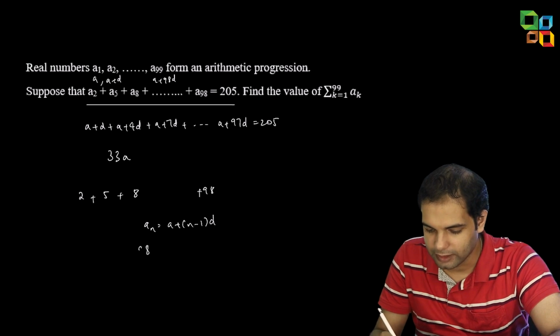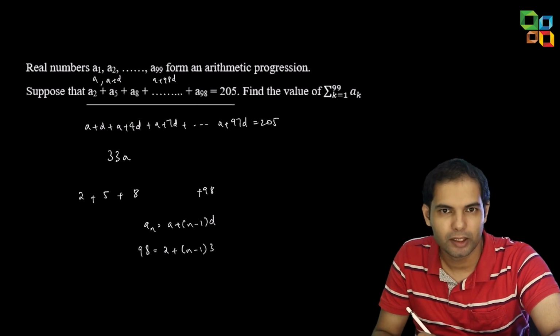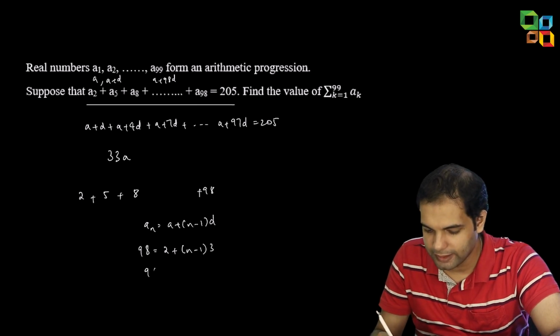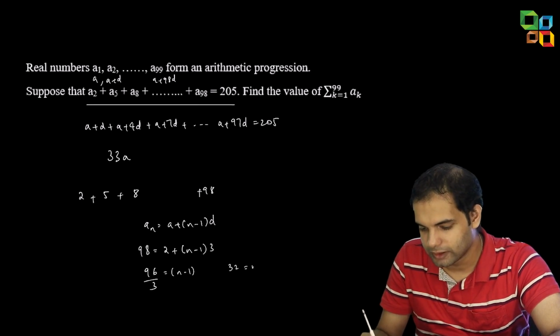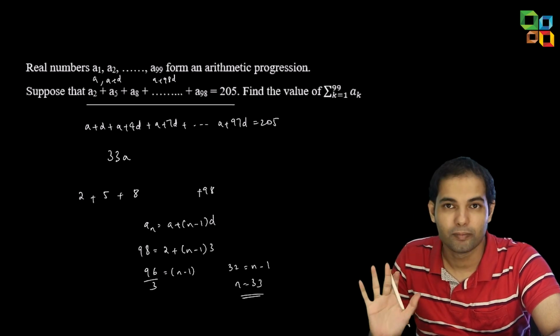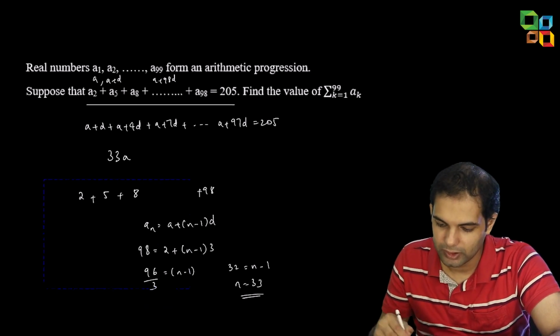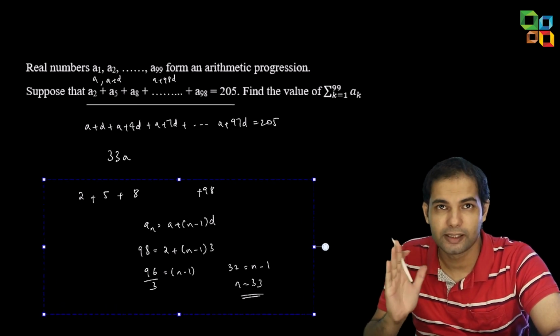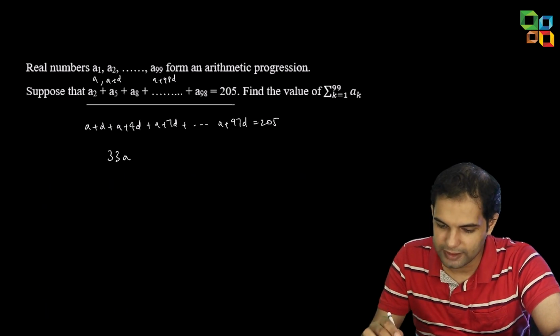So 98 equals 2 plus n minus 1 into common difference 3. So 96 equals n minus 1 into 3, divided by 3, so 32 is n minus 1. So n is 33. So it's clear. There are 33 terms, so there are 33 A's. We are not guessing it's 33. We are clear that there are 33 terms.